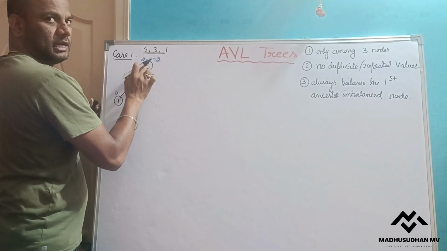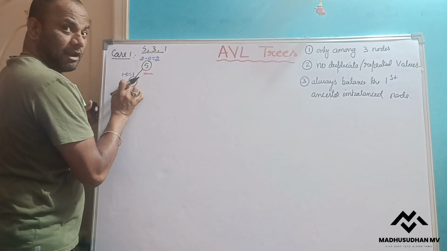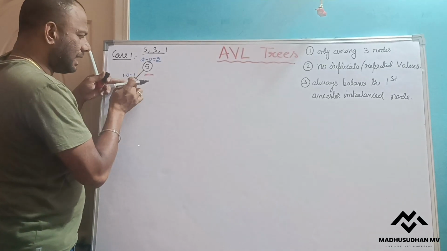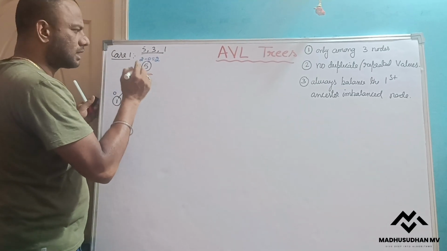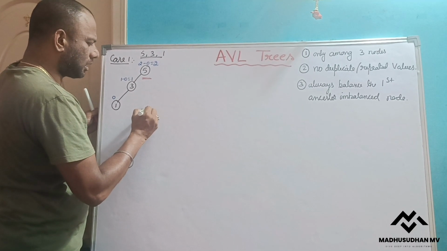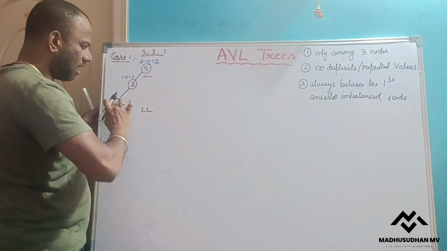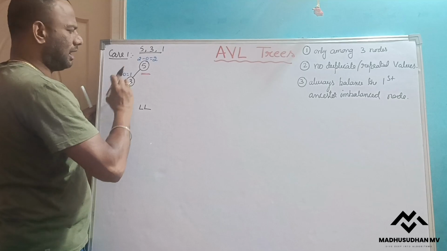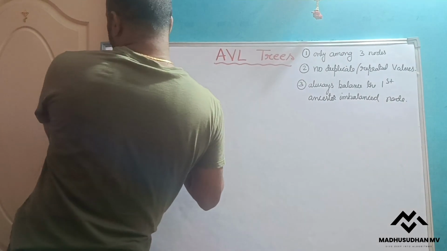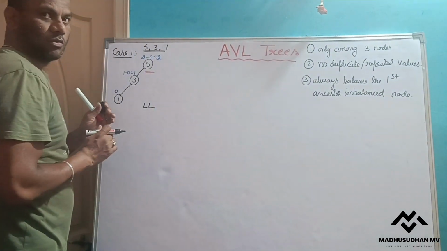So first I inserted 5, then I inserted 3 at the left of this 5, and then again the left of 3. That means the imbalance occurred because of left of left. This is the left of this one, and this is left of left.